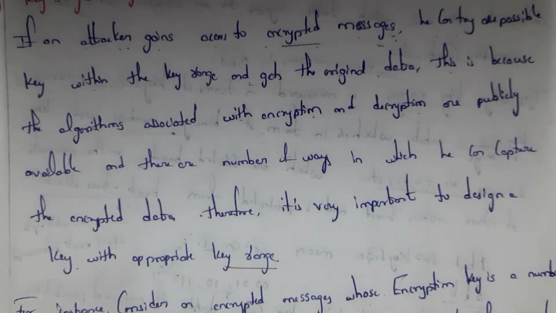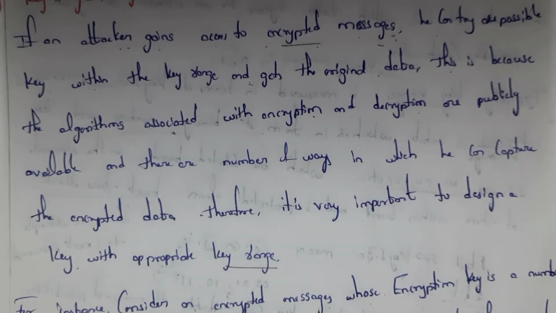So what we should do is, we should keep strong passwords with a very high key range. We should keep a very long password such that the password should contain numbers and alphabets as well as some special characters. So if we keep such a password, the attacker cannot break our passwords.